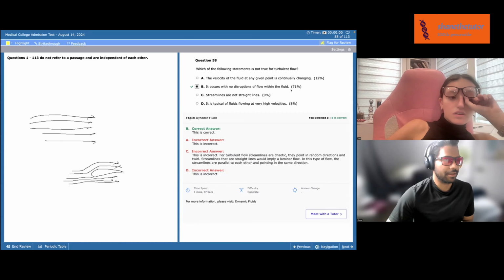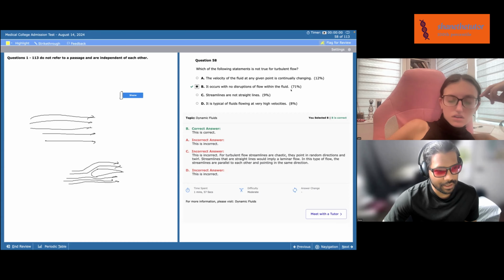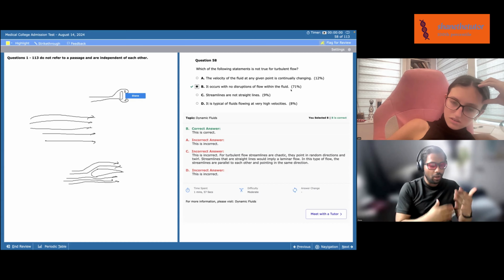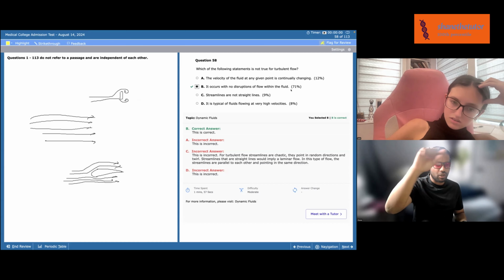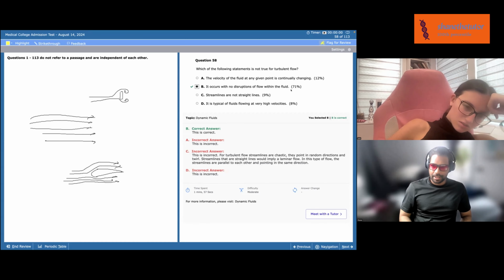So one sec. Okay, if you have something like this random thing that's in the way, and it causes the flow to no longer be in that streamlined flow, but turns into these swirls, like whirlpools or eddies.